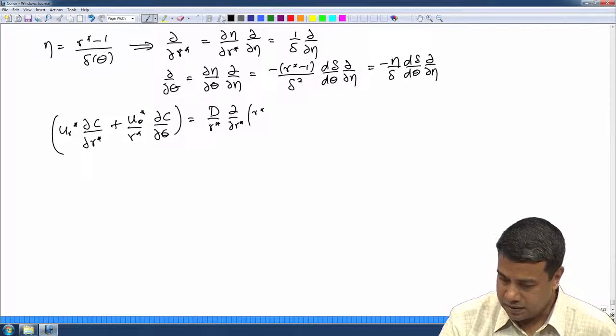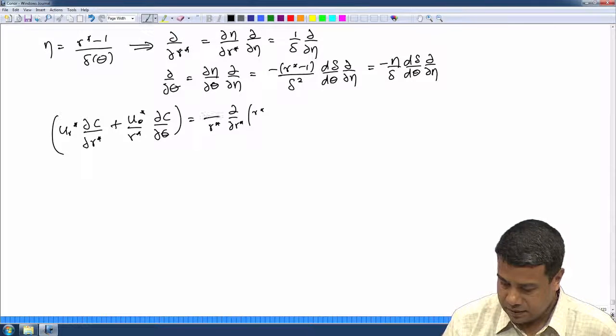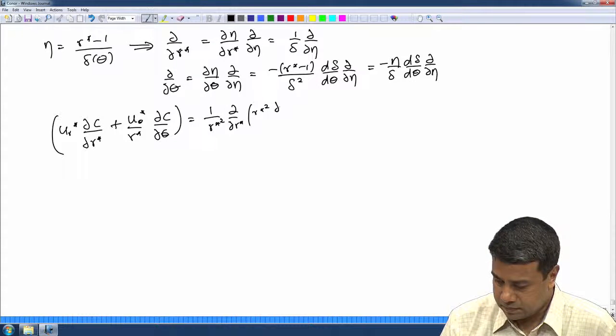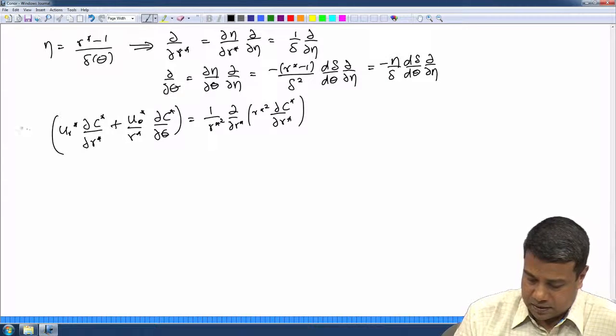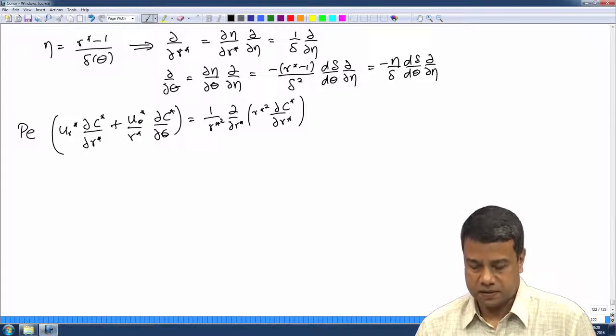I had already scaled the equation, so I should not have a diffusion coefficient here. This should just be 1 by r d by dr. And there is a Peclet number here which emerges from the non-dimensionalization.